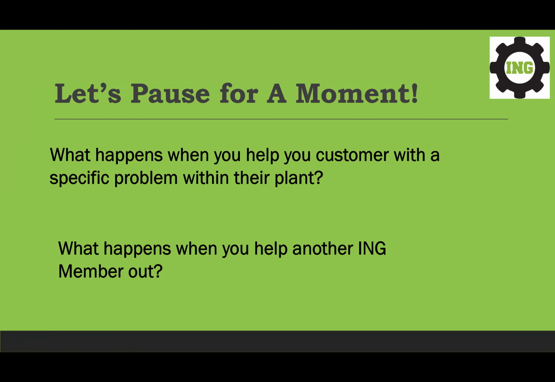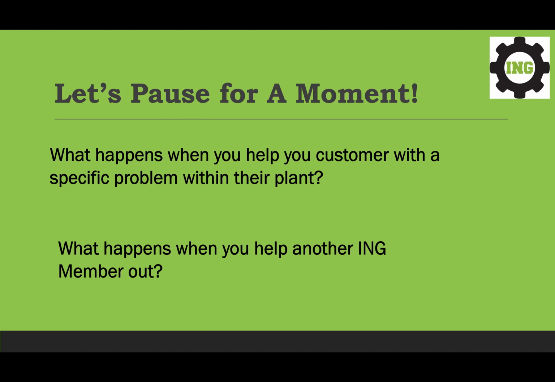But let's pause for a minute. What happens when you help your customer with a specific problem within their plant? What happens when you help another ING member out? Think about it. If you help your customer with a specific problem within their plant, even if it's not the service or product you sell, you become much more valuable to them.